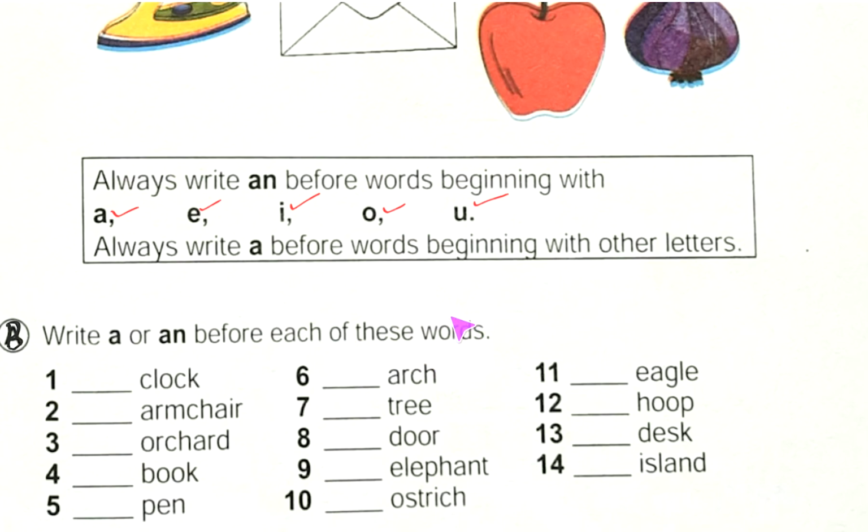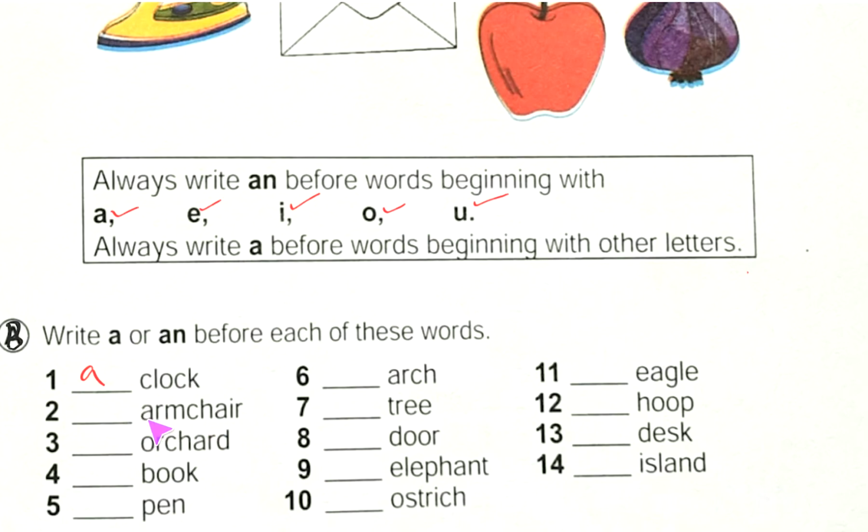You just keep remember, if we find the word has started with these letters, then we will put blindly an, and if we find the word hasn't started with these letters, then we will put A. So, okay, let us start. One number here, a clock. The word clock didn't start with these letters. So, here we will put A.